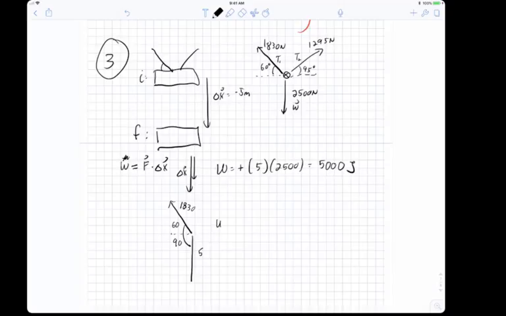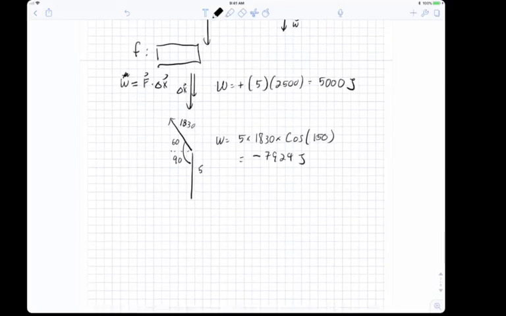So the work done is 5 times 1830 times cosine of 60 plus 90. And it's negative 7924 joules. It's negative because it's slowing the thing down.